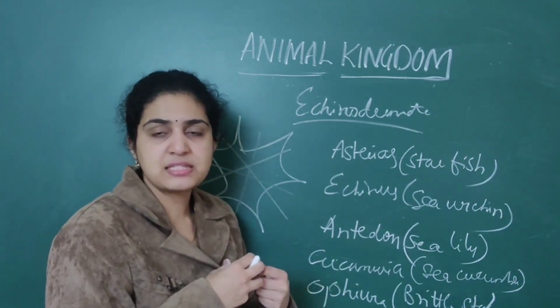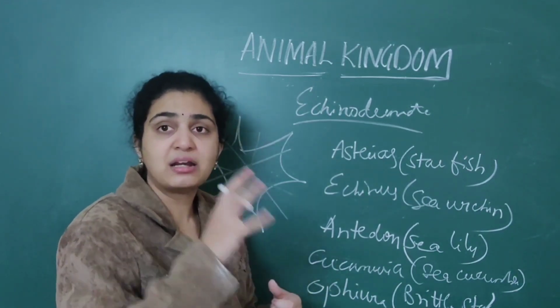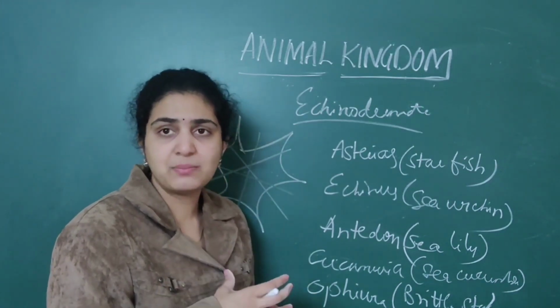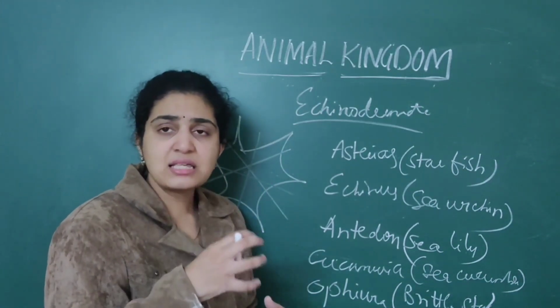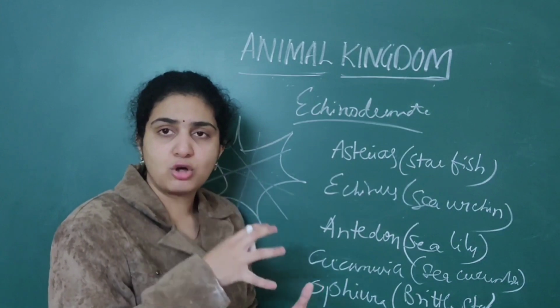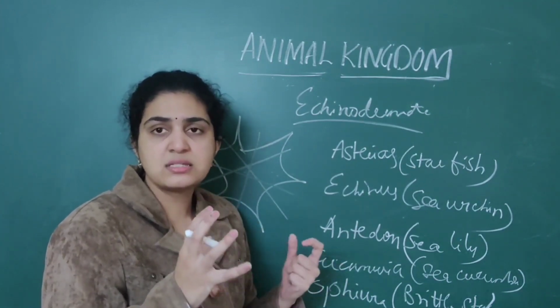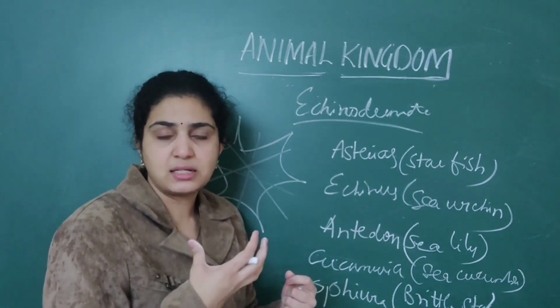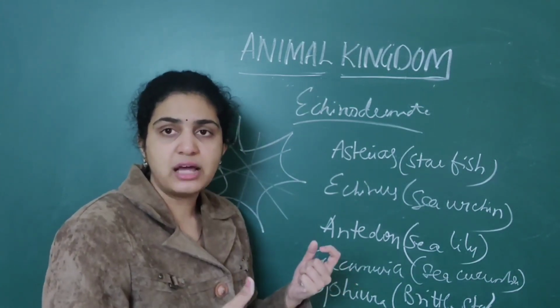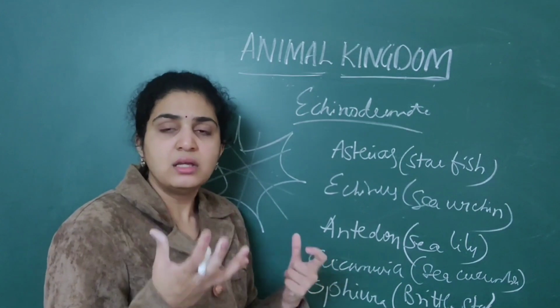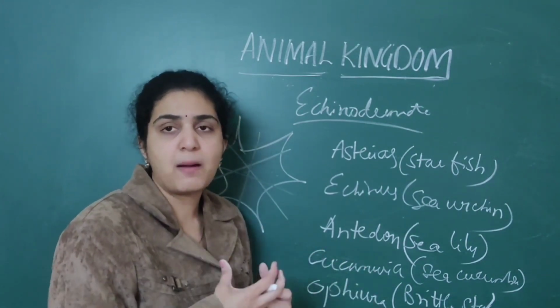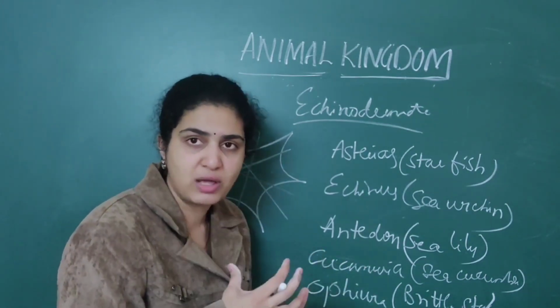The excretory system is absent, they are radially symmetrical but the larvae are bilaterally symmetrical, and the digestive system is well developed, with the mouth on the ventral side near the down opening and the anus on the upper side.